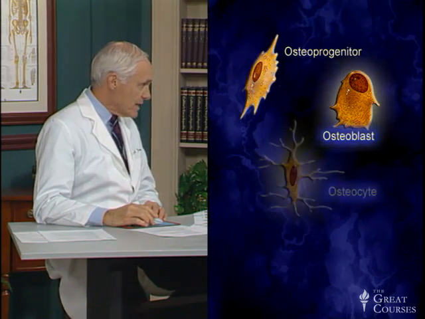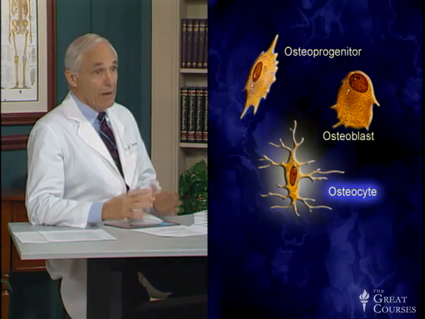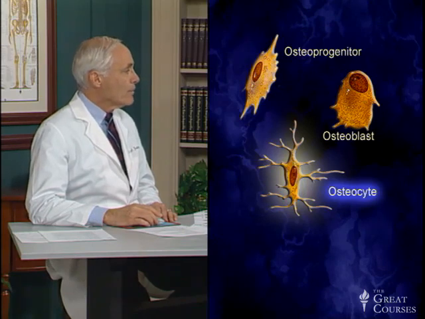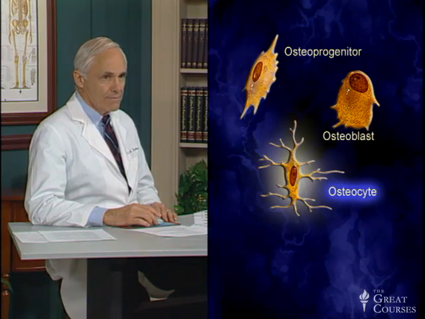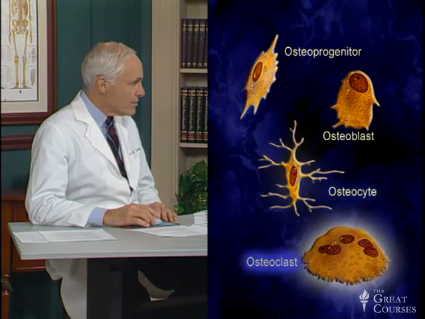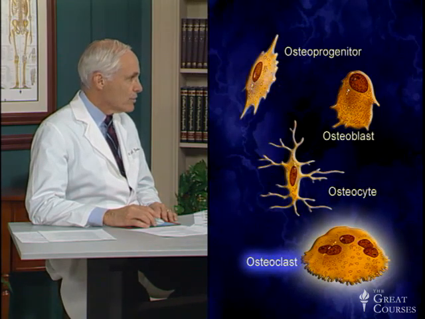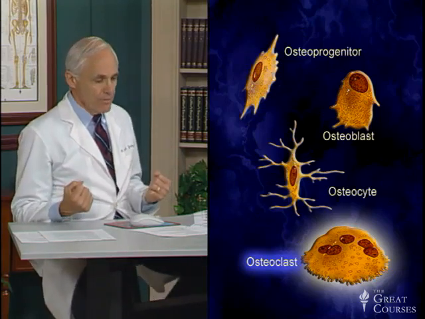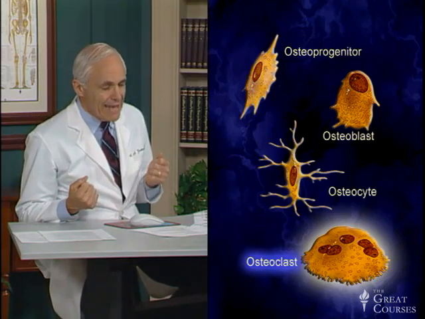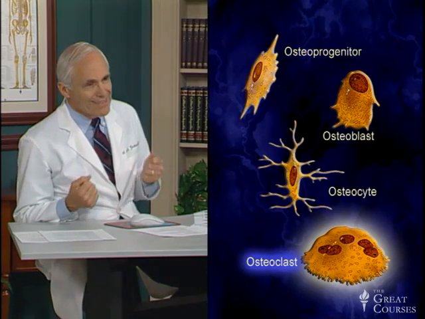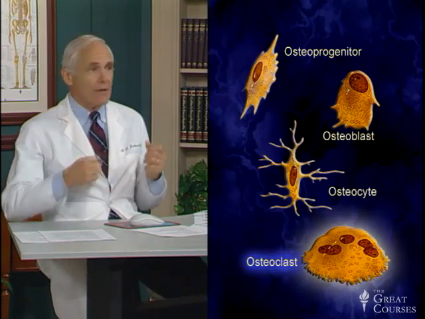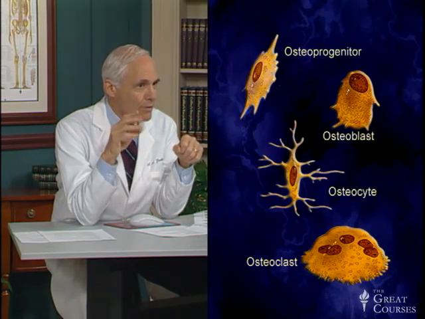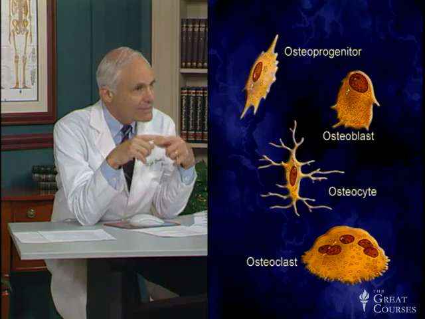We have another bone cell. Here's a mature bone cell, and this is called an osteocyte, a bone cell. And it sits in a little space inside the hard bone and maintains the bone. And then finally, there's another completely different cell called an osteoclast, and it reabsorbs bone. It destroys bone. Bone is a dynamic tissue. It doesn't seem so because it's very slowly dynamic, but we are constantly laying down new bone and reabsorbing bone, exchanging matrix and calcium and phosphorus.